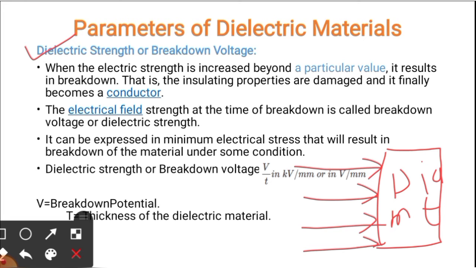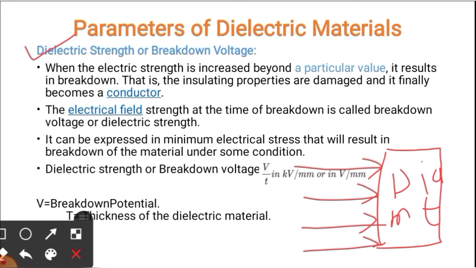As we increase the electrical field strength, breakdown will occur in the dielectric material. Breakdown in dielectric material means the properties of the dielectric material break down, meaning the dielectric material becomes a conductor.